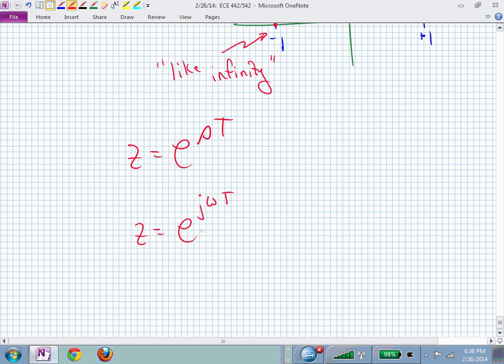So if you look at this in terms of a complex number, it has a magnitude of e to the j omega T, and it has an angle of omega T, right?